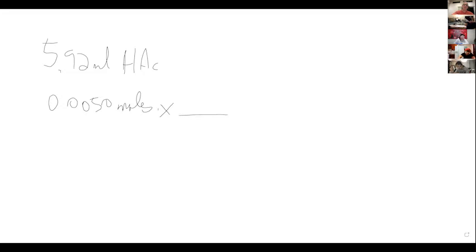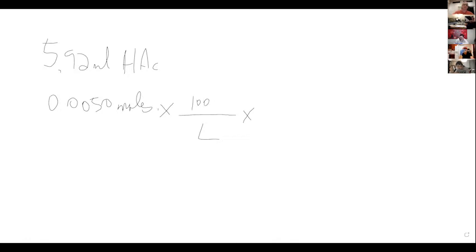So I had 5.92 mL of acetic acid, and I had 0.0050 moles. Now remember, I want to convert that into moles over liters. So I take the moles and I want liters, moles over liters.